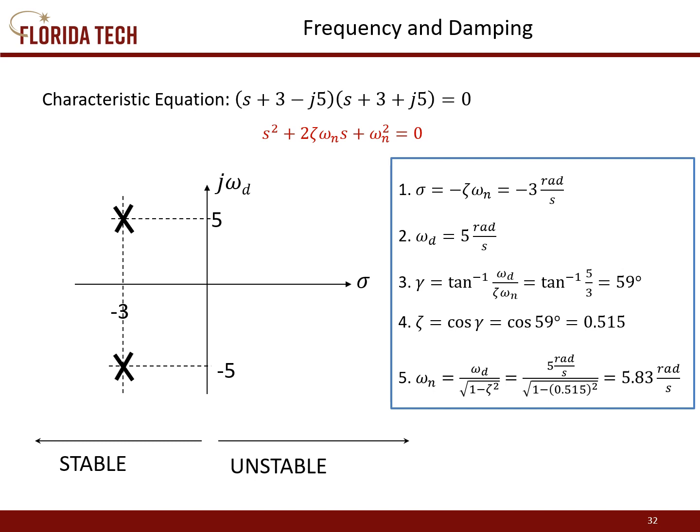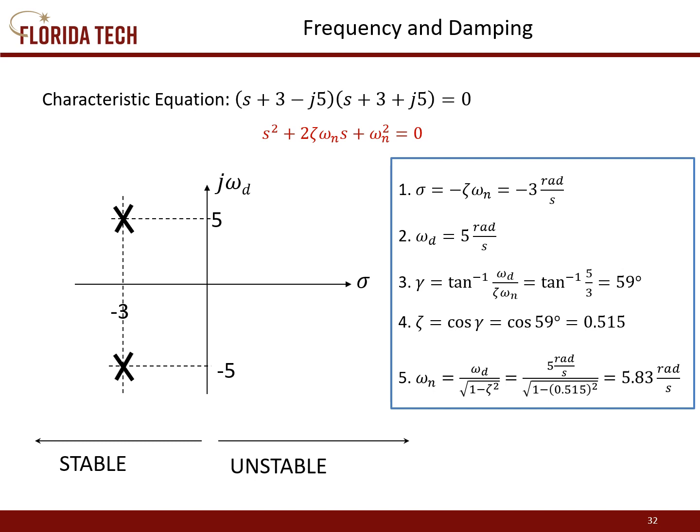The angle we can get to be 59 degrees, and once we have that angle, we'll use the cosine of that to figure out what the actual damping ratio is, in this case 0.515. And then we can use the equation that relates damped frequency and the damping ratio to natural frequency, and just plug in the numbers above to get a natural frequency of 5.83 radians per second.